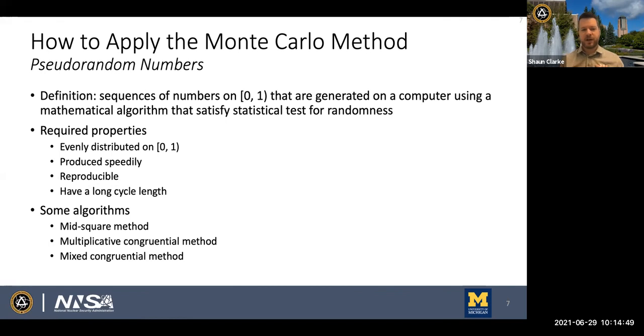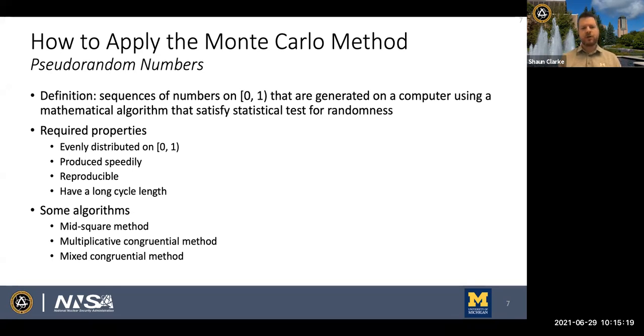So if I'm running a calculation using random numbers and one of my colleagues is running the calculation, it'd be nice if we can get the same answer so that we know if the codes are working. If the random numbers were truly random, there'd be no way to know if we were getting a different answer because of the randomness of our generator or because the code was actually doing something that we didn't want it to. So reproducibility helps with things like debugging, code verification.